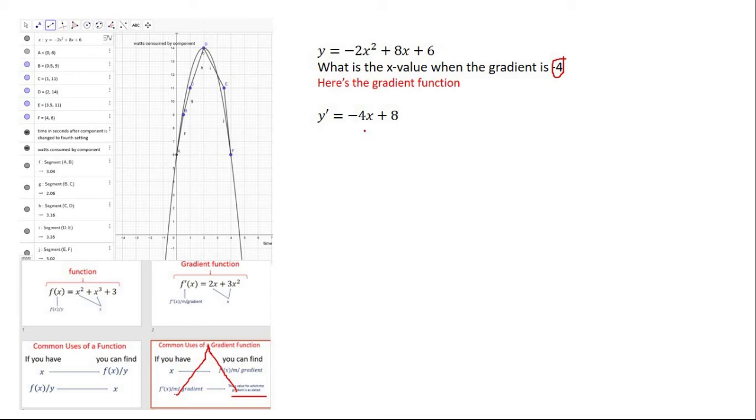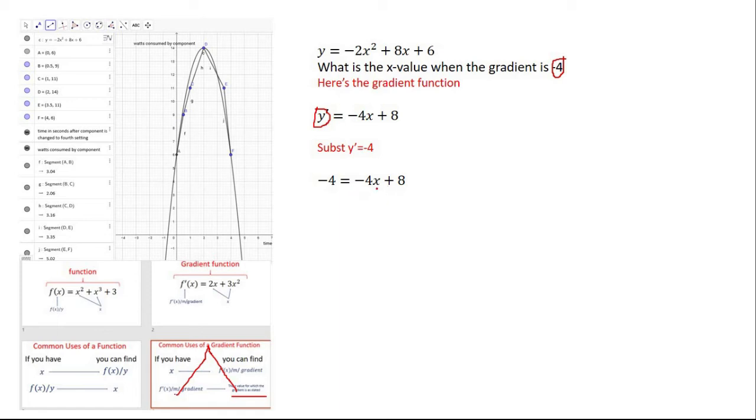So I'll take gradient equals negative 4. That's this thing over here. So I'm going to put negative 4 instead of that. And now you ask yourself, is that calculator work or algebra work? It's algebra, because it looks like it needs solving.